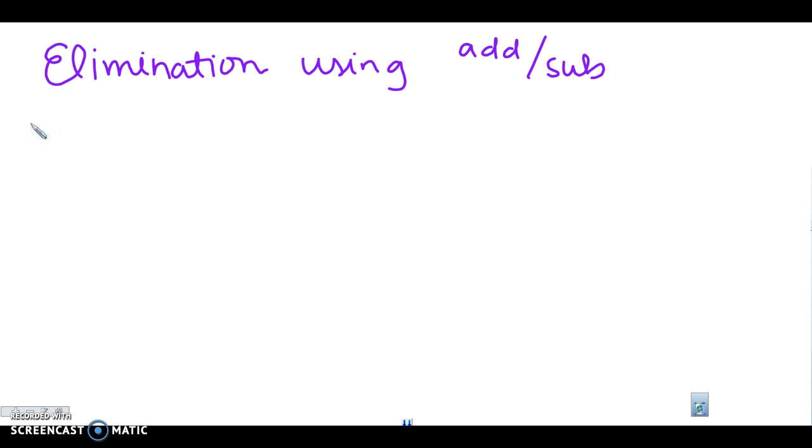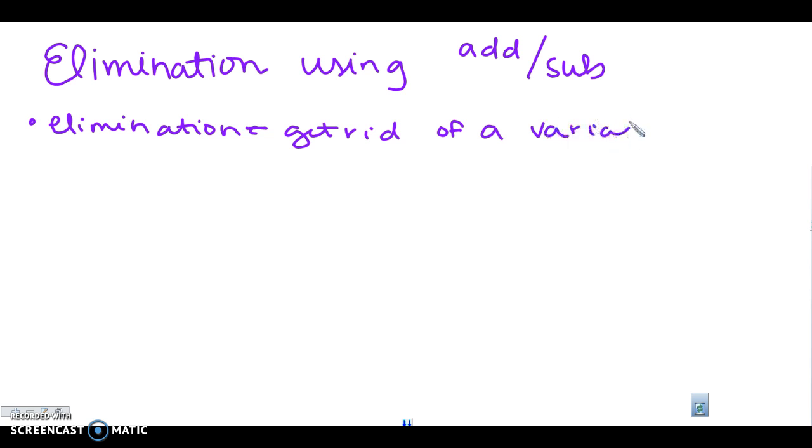elimination, and elimination, of course, means exactly what it sounds like. We're going to get rid of a variable. Sometimes we'll be getting rid of x, sometimes we'll be getting rid of y.